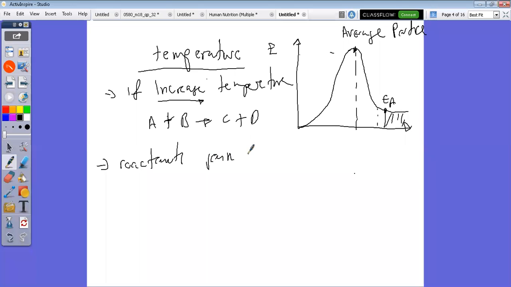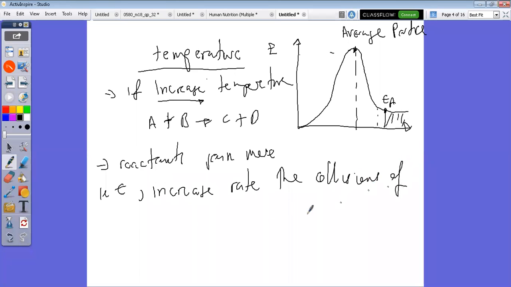They gain more kinetic energy. When they gain more kinetic energy, it increases the rate of collisions of A and B, or reactants in general. Are we together?